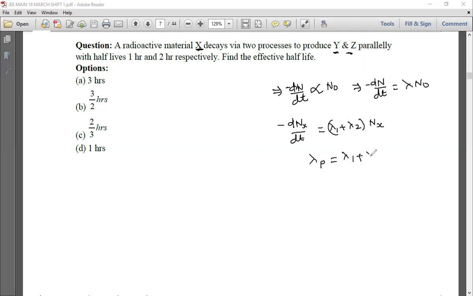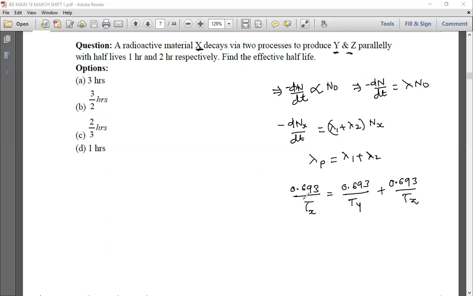Lambda 1 plus lambda 2 because it is parallel decay. Now, what is the formula for this? We know 0.693 divided by T, half life, है ना? Half life formula, or even T is equal to 0.693 by lambda, anything is same. This is for X is equal to 0.693 divided by T of Y plus 0.693 divided by T of Z.